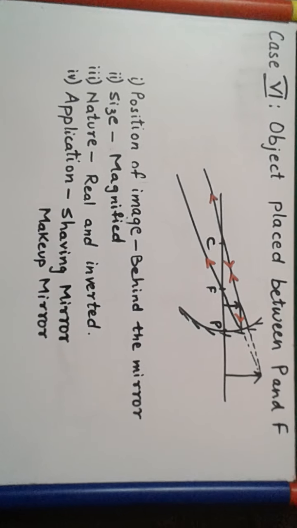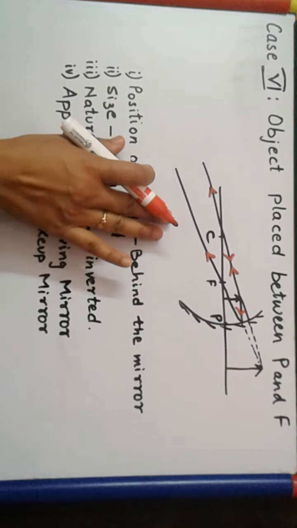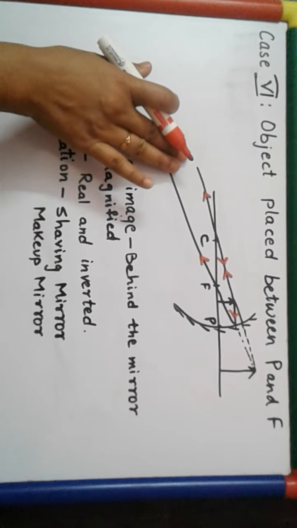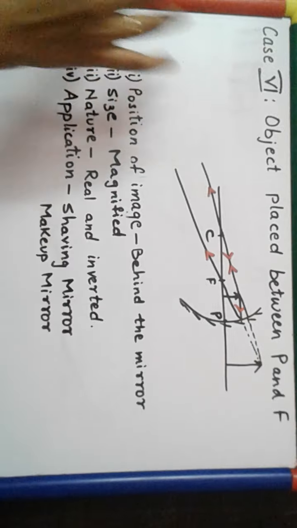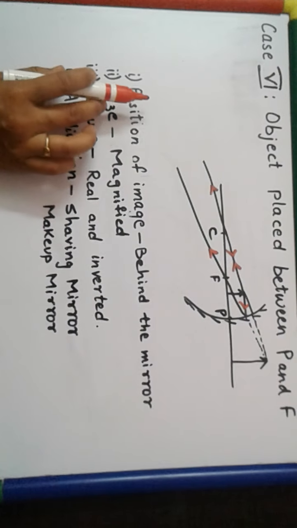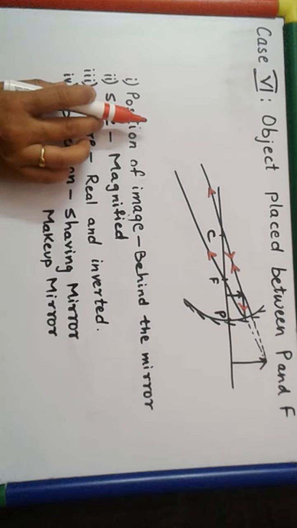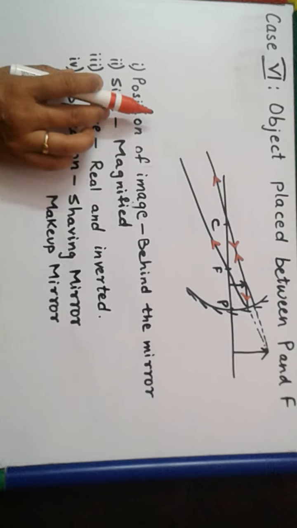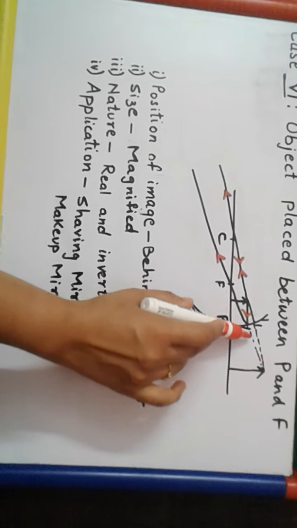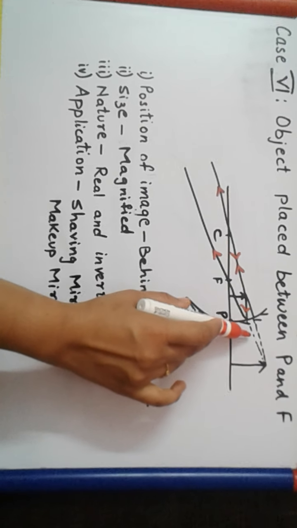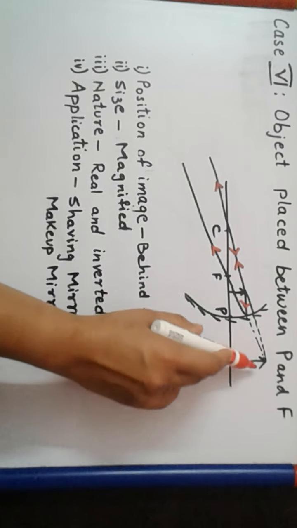But the only difference between the previous case and this one is that the rays are not parallel here. The rays you can see are becoming wider and wider as they are moving ahead. That means these are diverging rays. They will never meet. So another way is that we produce these rays backward. You can see these are dotted lines which are marked.